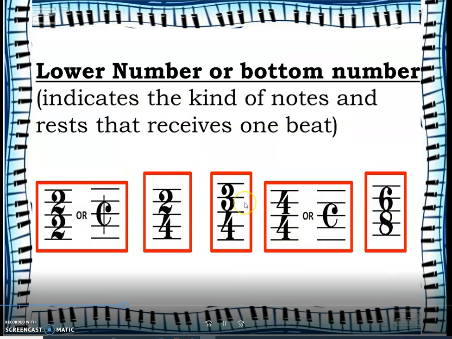Now, we are finished with the upper number, or what we call the top number. Now we go to the lower number or the bottom number. So, in 2 time signature, what is the bottom number? It is 2, very good. Now in 4, what is the bottom number?